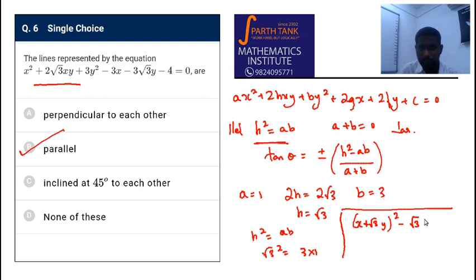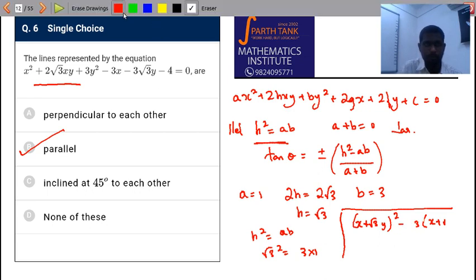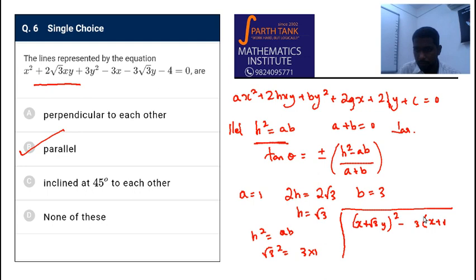And if you take a 3 from the next two terms, you can write x plus root 3y minus 4 is 0.